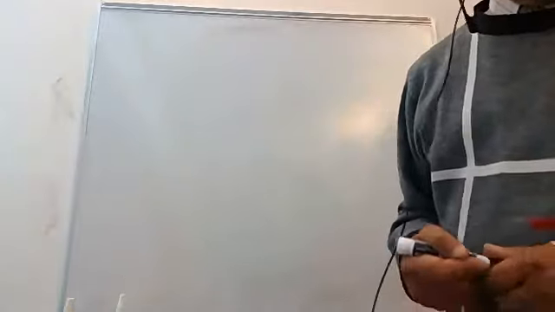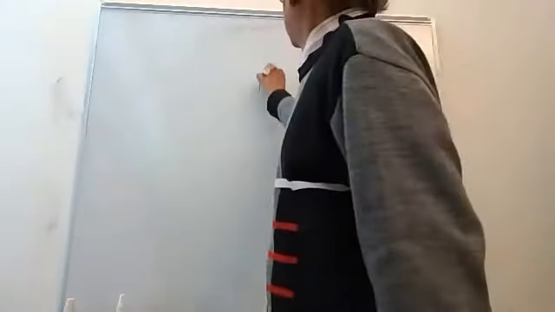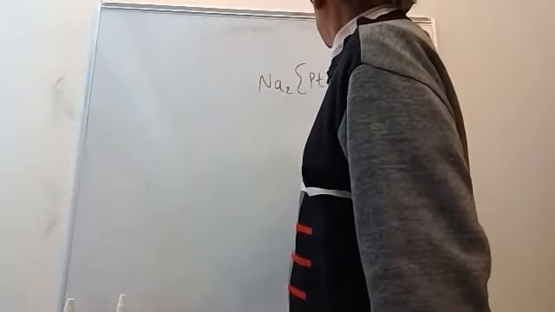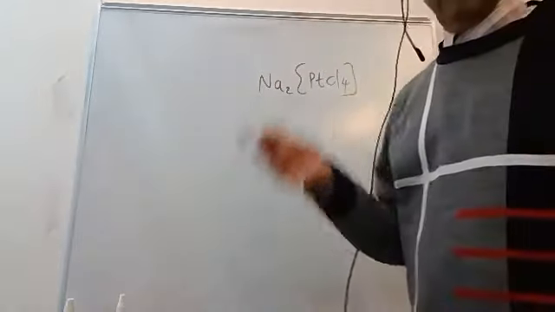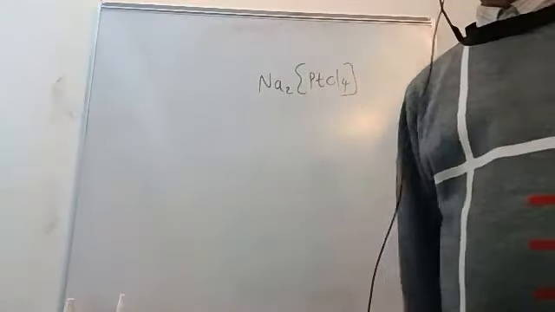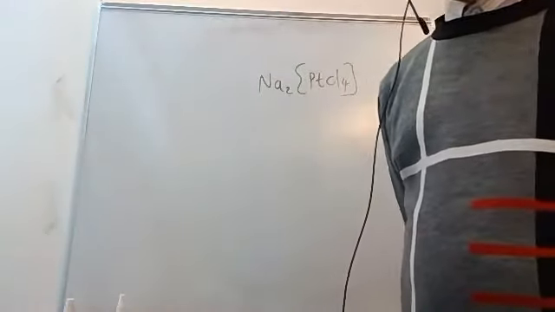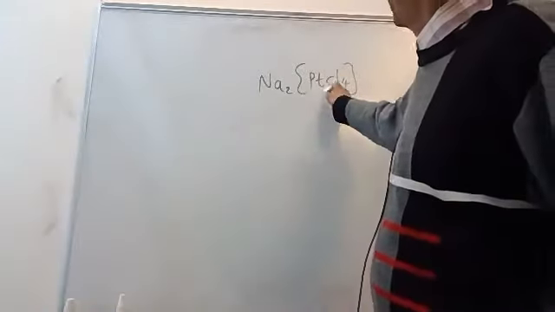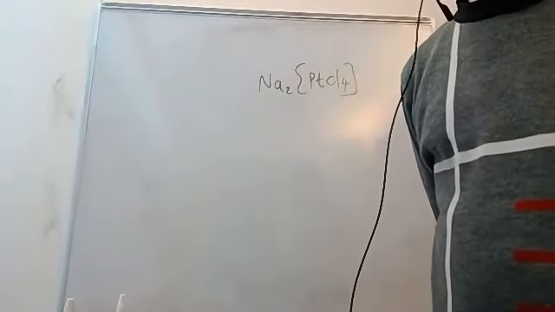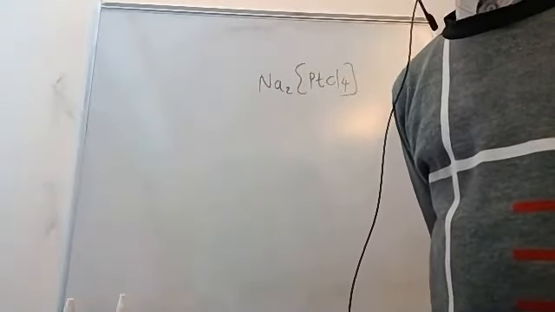So let me give you an example of this. Let's say I have Na2PtCl4. Now, you have the complex ion as a part of an anion. What should be the charge of this complex anion?